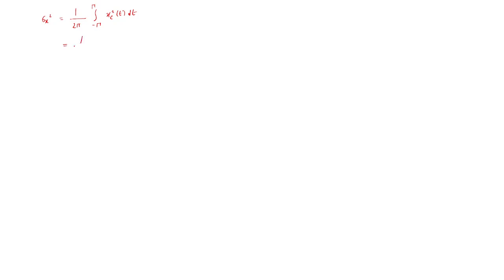So we put the value of x square t here, minus pi to pi, xm square sine square t dt.